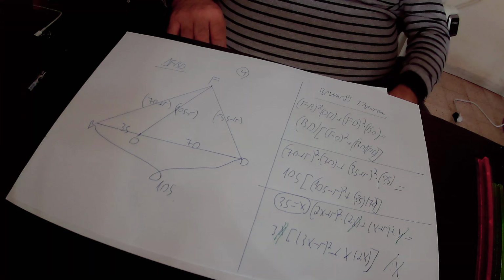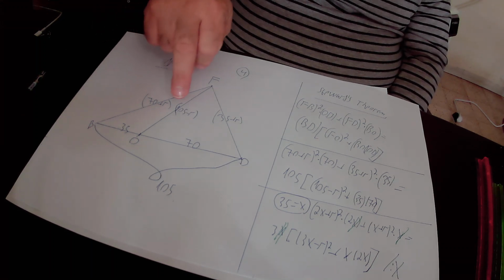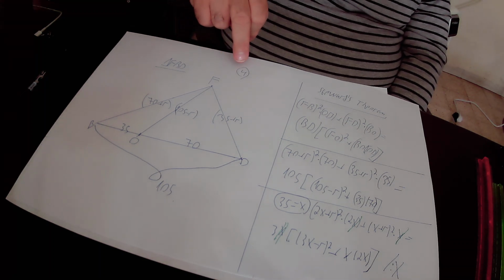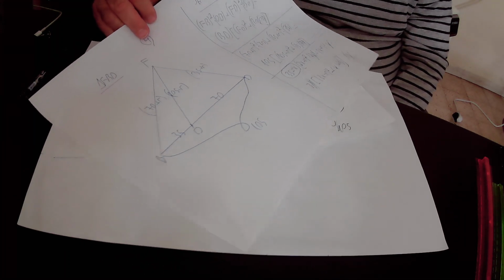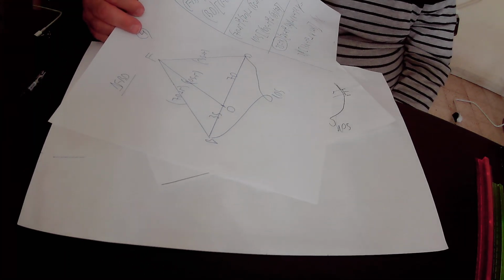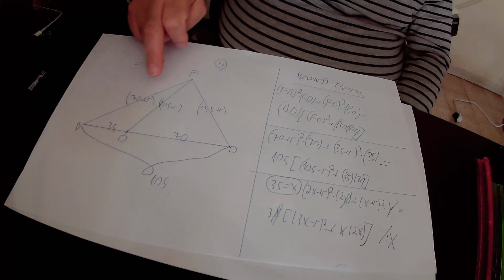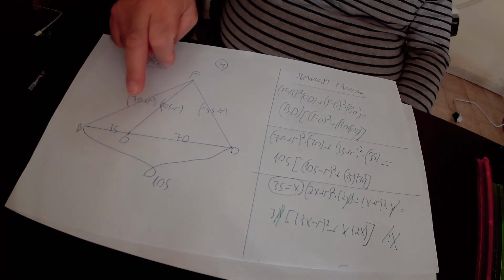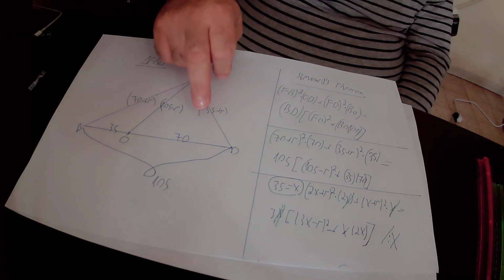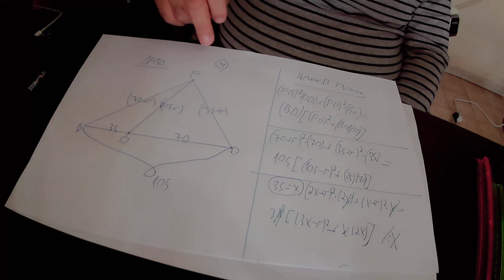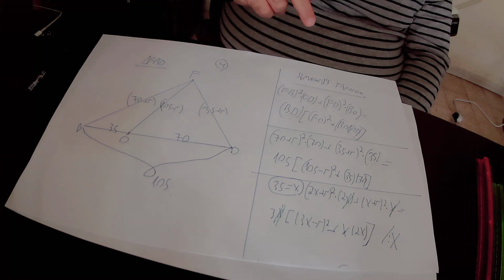According to Stewart's theorem, in this triangle FBD, FB squared times OD plus FD squared times BO equals BD. We open brackets, inside the brackets we have FO squared plus BO times OD.